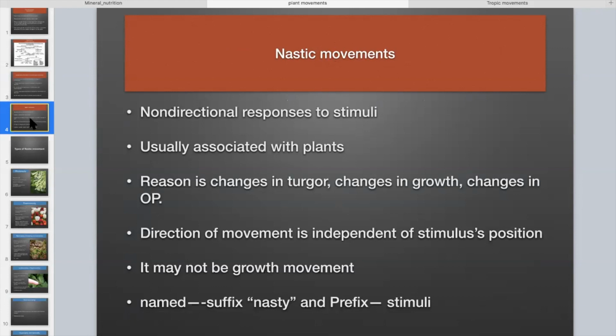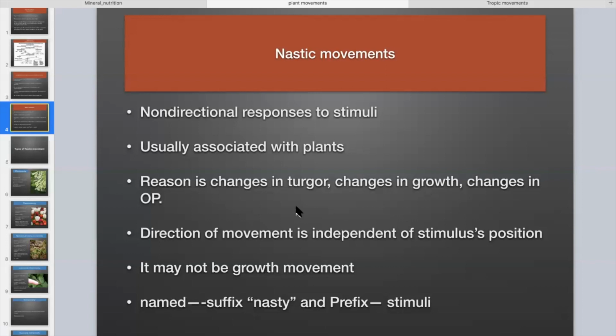They are usually associated with the plant itself. Why are there nastic movements? There are changes due to turgor pressure, changes in growth, and changes in the osmotic potential.